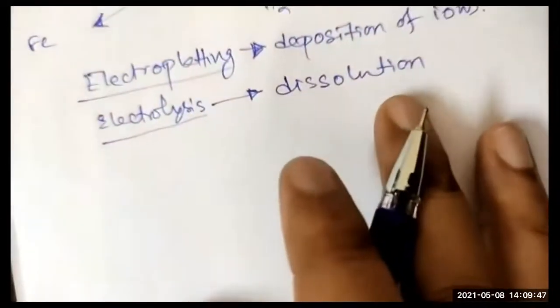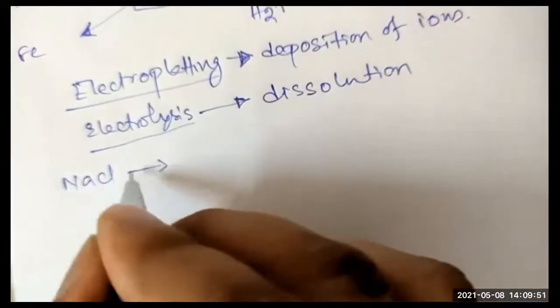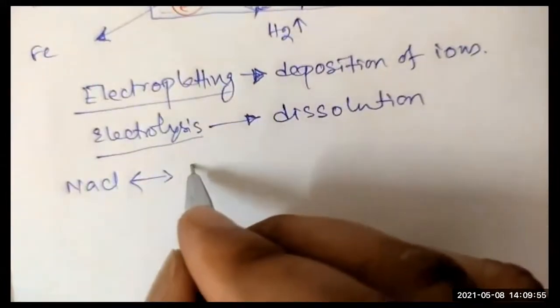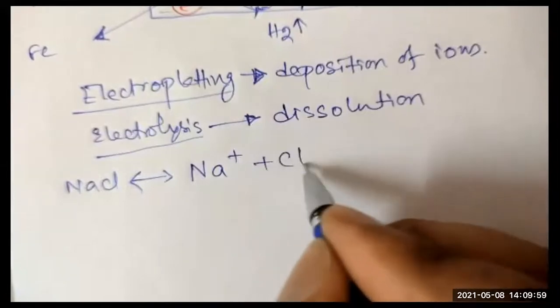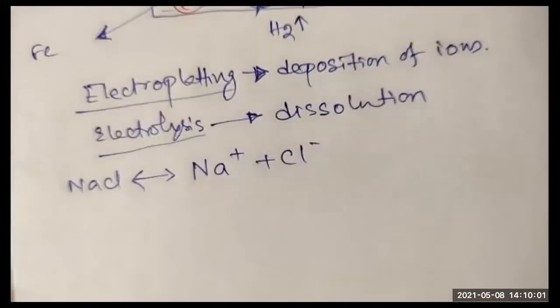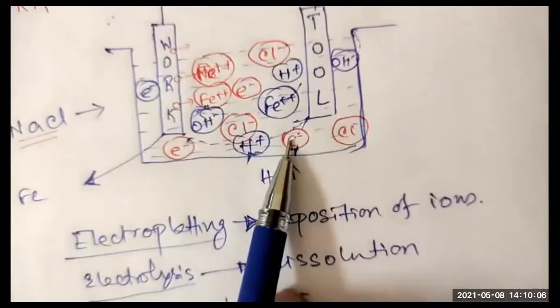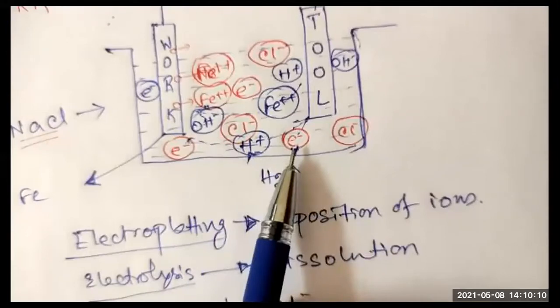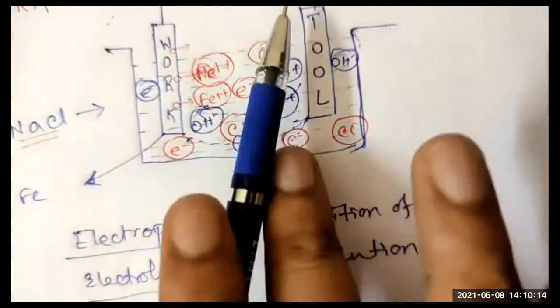So the first equation which I am going to write is NaCl forming Na plus and Cl minus ions. Then, as I said, electrons and hydrogen ions together will make hydrogen gas, and the hydrogen gas will evaporate from here.